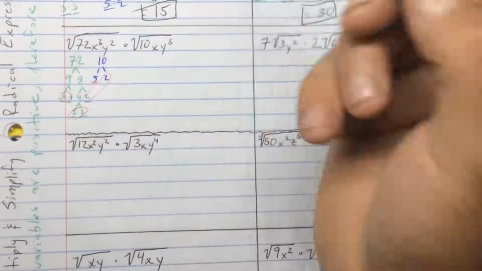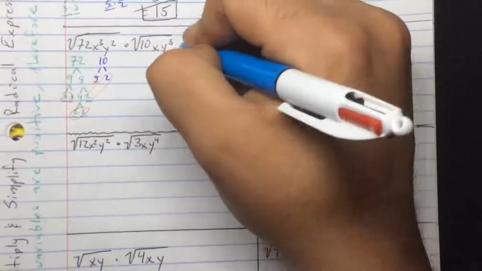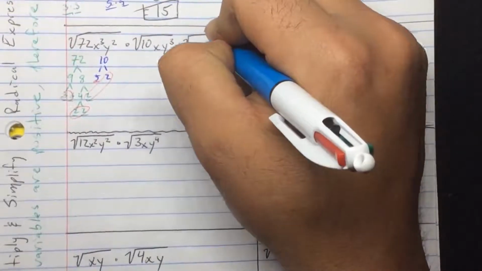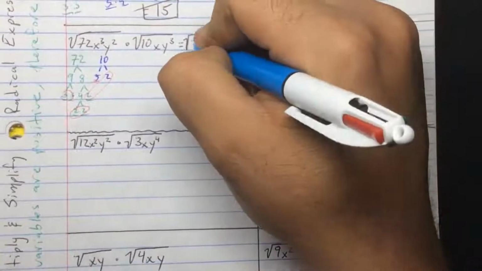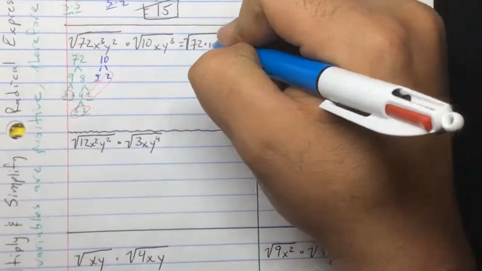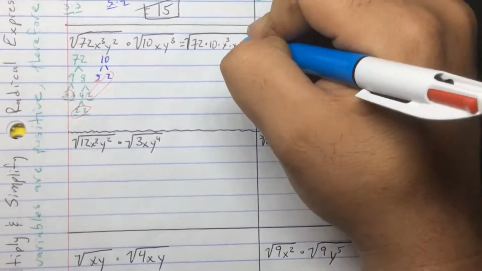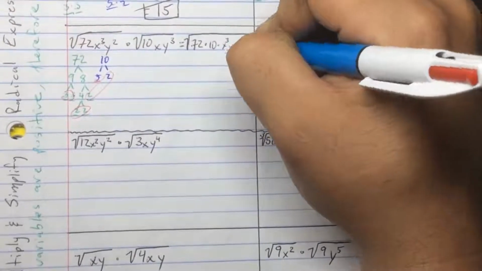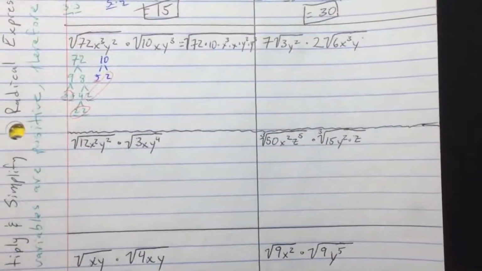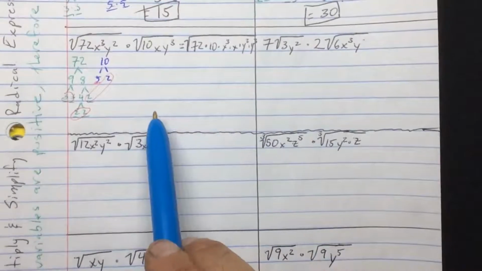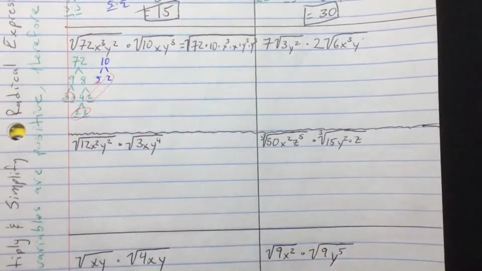But we're also multiplying. So let's put everything underneath so you can see how this looks. We have 72 times 10 times x cubed times x times y squared times y cubed. It's all getting multiplied together.